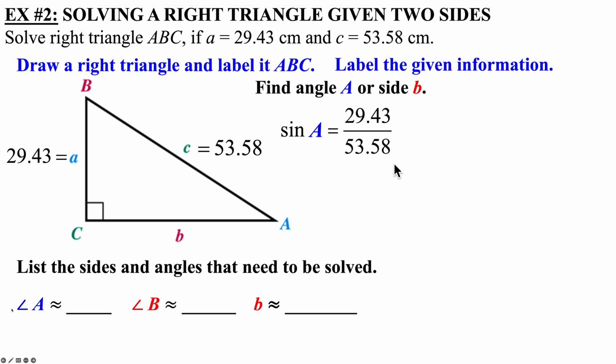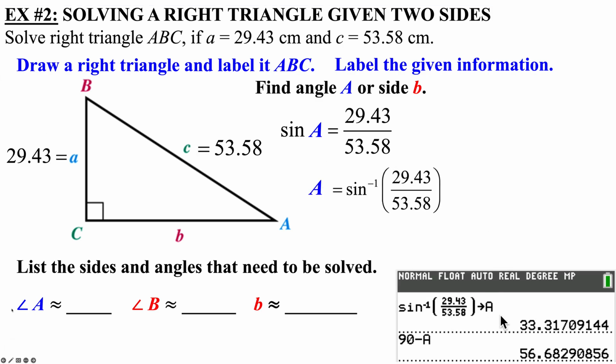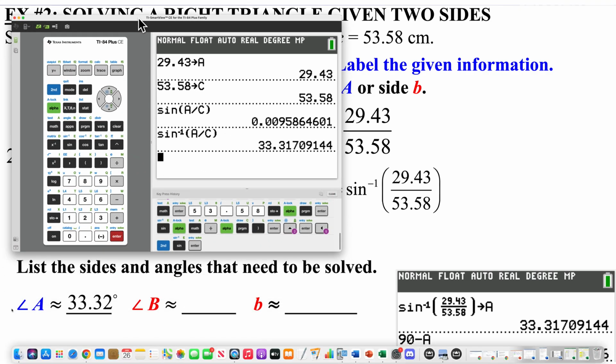So let me get that out of the way. Here's my calculator entry. Now, I was storing it here so I can go 90 minus A. I'm going to show you another quick shortcut so you don't have to store again. If you go 90 minus, there's 2 ways to get this answer.